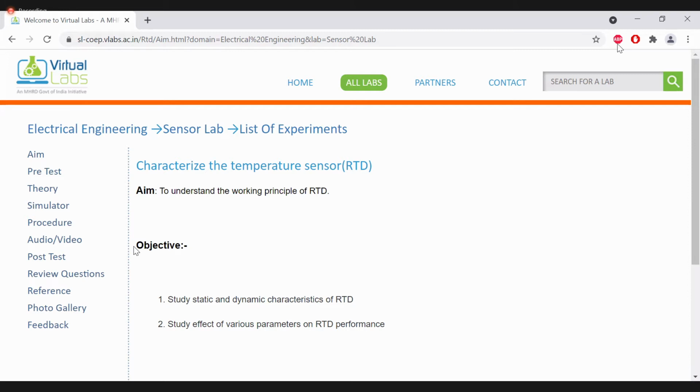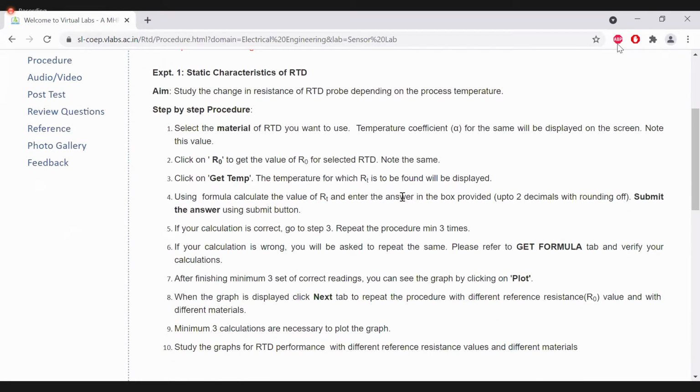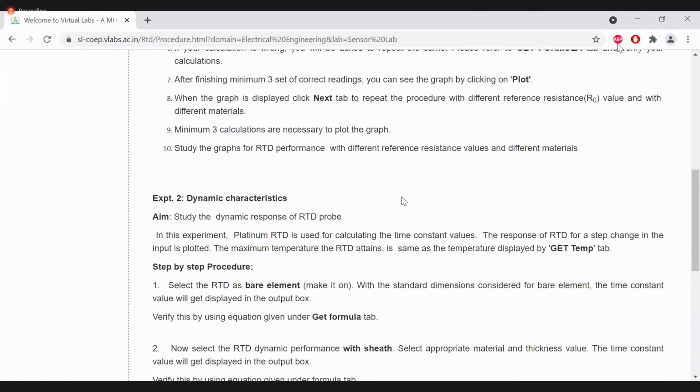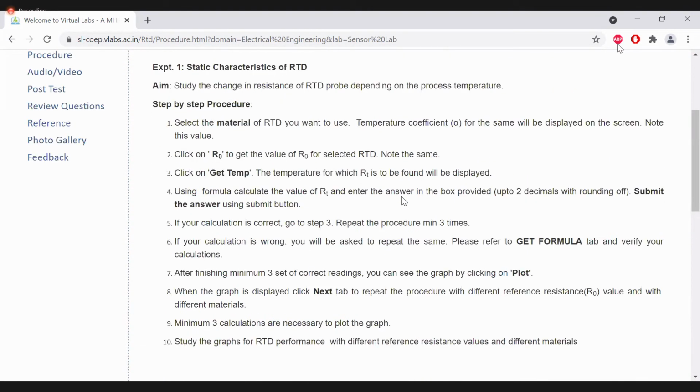Now, click on procedure. Students, I am giving you 5 minutes time. You go through this procedure. These are the steps we will perform in the experiment.